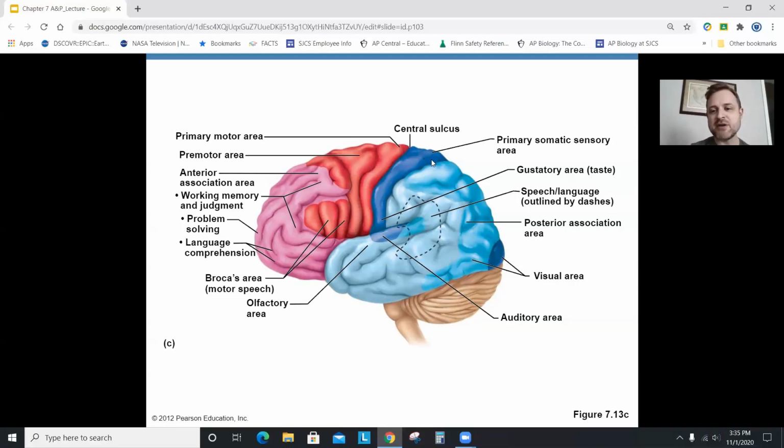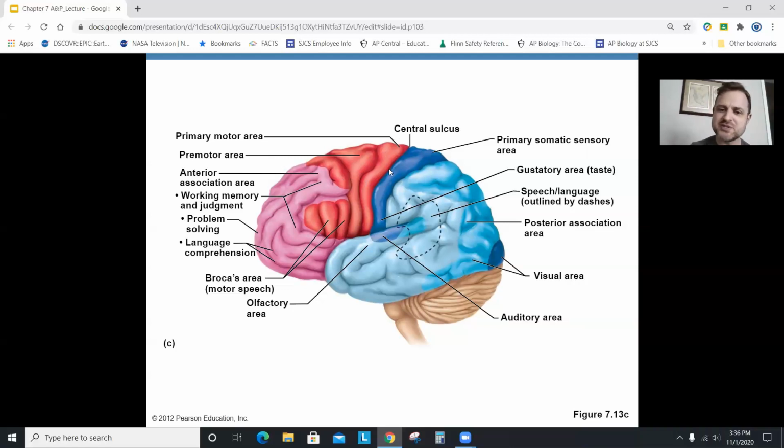Behind that is the primary somatic sensory area, which would be the part of the brain that receives signals. So if you're looking at something, that might be received in the primary somatic sensory area behind the central sulcus. And in front of it, if you see someone hand you something and you reach out to grab it, that signal would be sent through the primary motor area in front of the central sulcus.